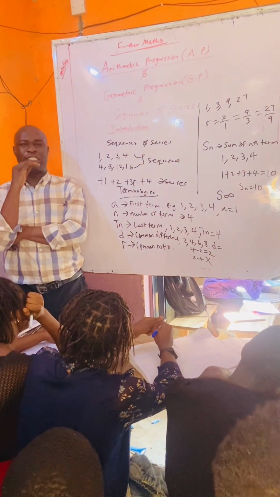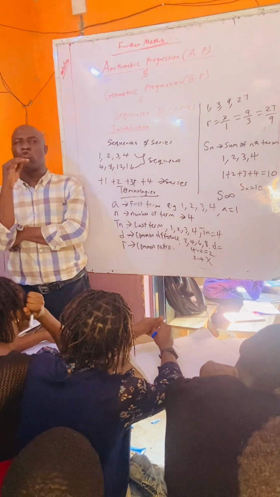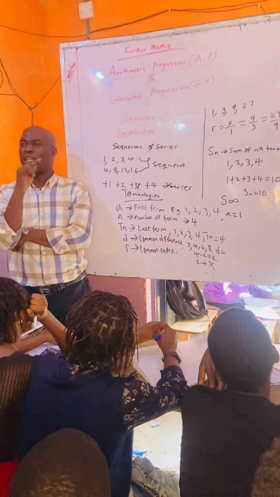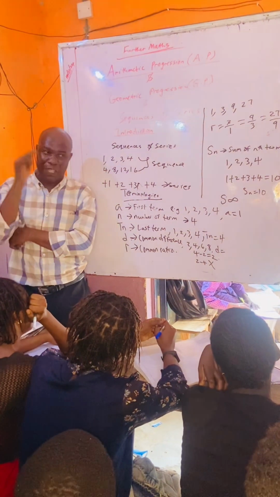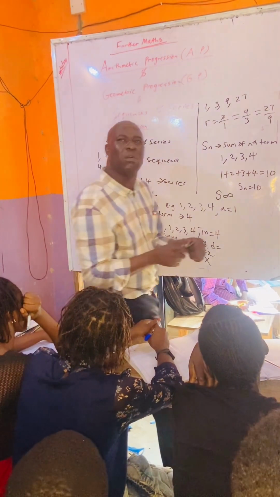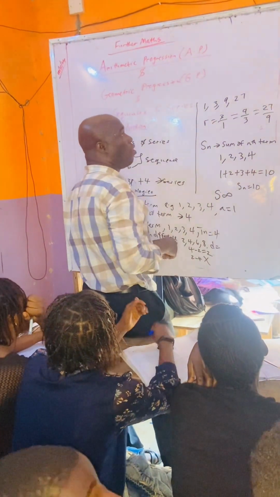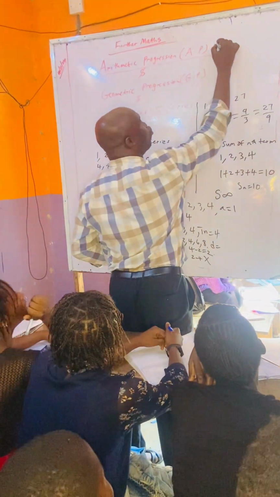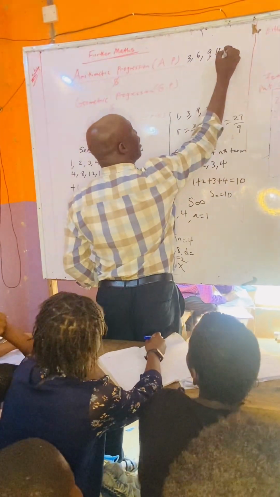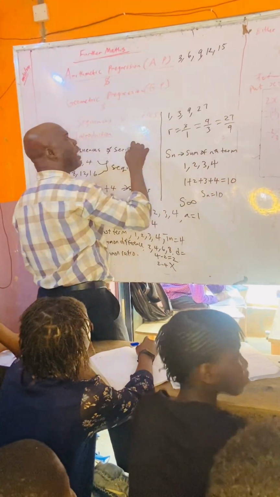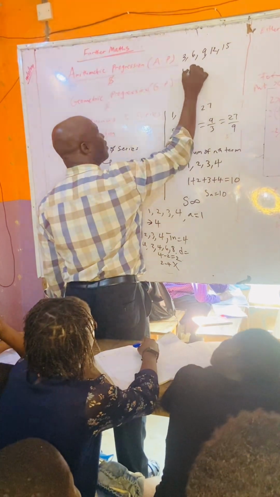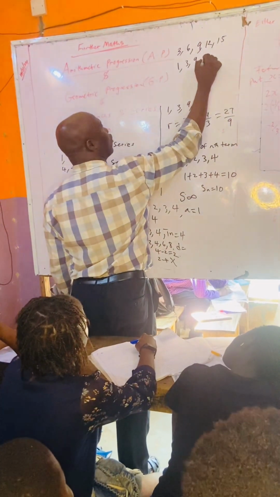And when you are given a series or sequence, you must be able to know, based on the difference between the terms, this one is AP, this one is GP. Are we together? Yes. When you are given a number like 3, 6, 9, 12, 15, and you are given a number like 1, 3, 9, 27.